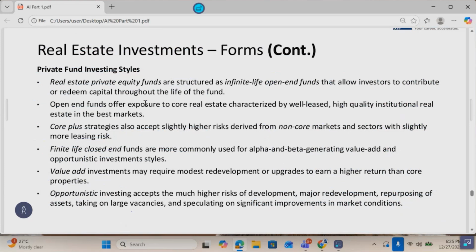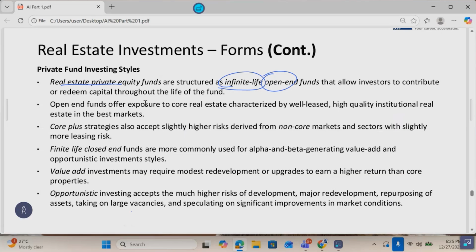Now, if you look at private funds, what is the private fund investing type? Where you're investing privately, as opposed to the public or listed shares, right? Real estate private equity funds are basically infinite life and open-ended. Open-ended means people can come and invest whenever they want. Closed-ended is where I stop and don't allow people to enter.